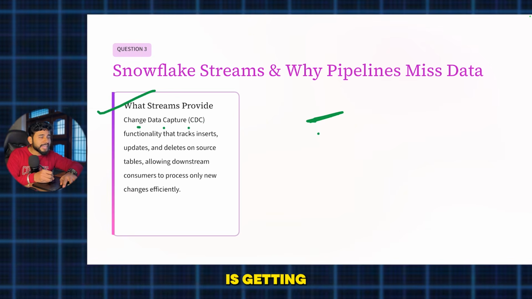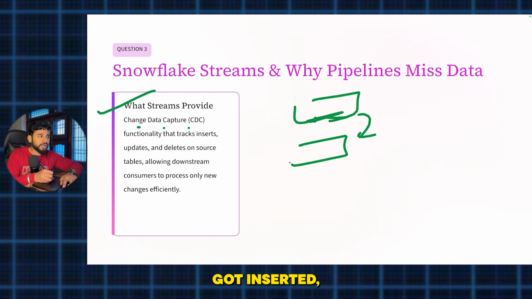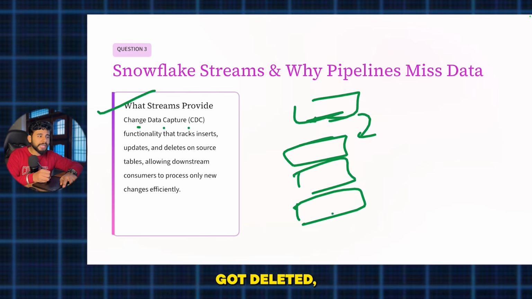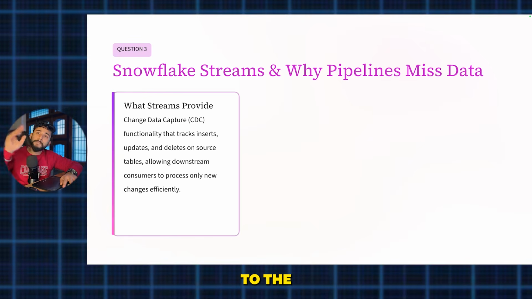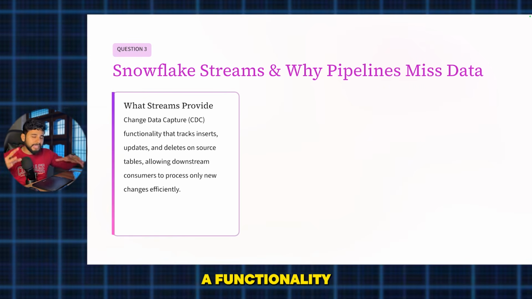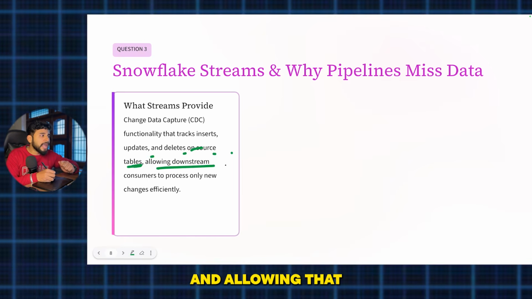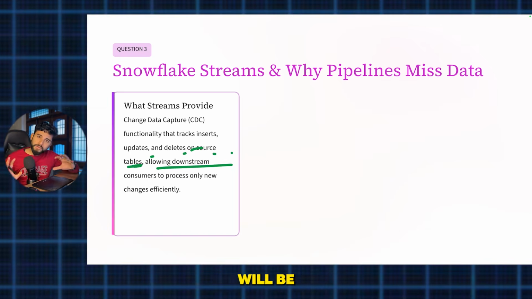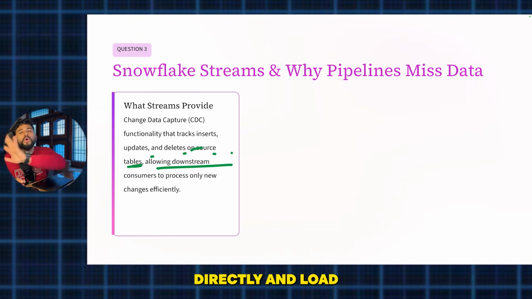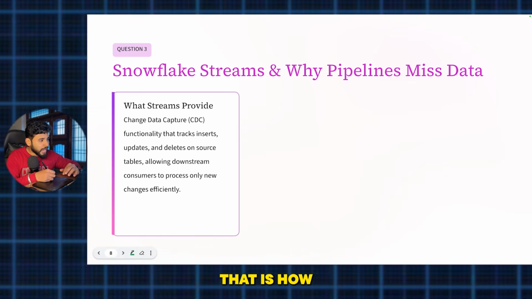Whenever data is getting changed, you have set up a stream. If anything got inserted, updated, or deleted on the source table, the stream tracks those inserts, updates, and deletes and allows the downstream tables to eventually take all those changes and load them. That is how the stream works.